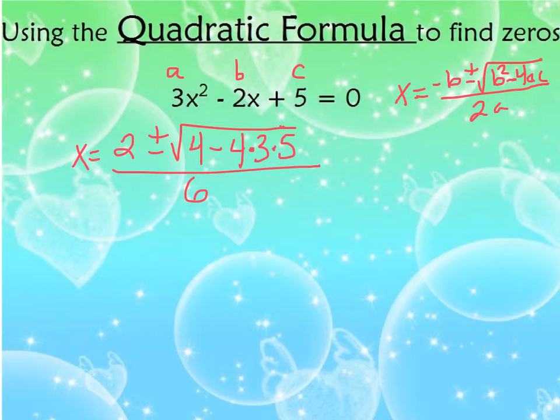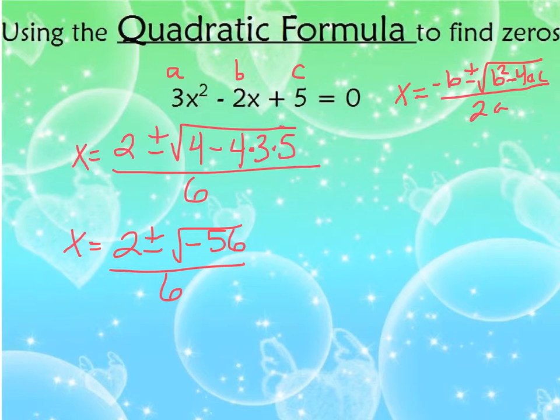Now let's clean up the radical part. We have a 4 minus 4 times 3 times 5, so we have 2 plus or minus. That's 60, so 4 minus 60 is actually a negative 56. That's going to be a problem because we have a negative underneath the radical. Oh well, we know how to deal with that.